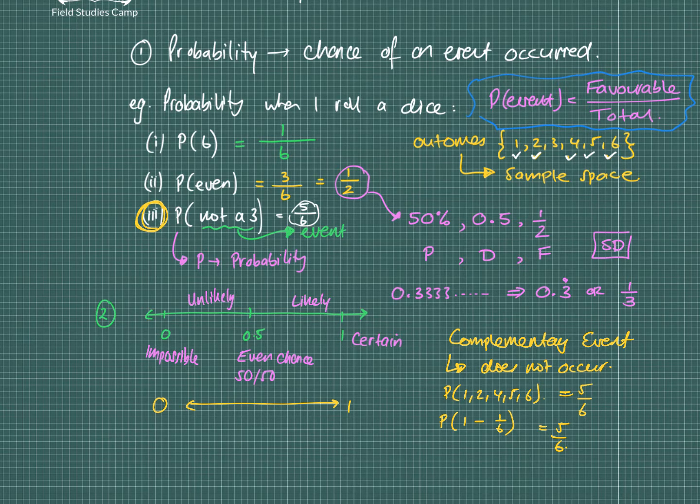So often we can call a complementary event 1 minus. Sometimes we like to write P dash like that, and that's 1 minus the probability of my event occurring. Basically, if we know what that event is, we take it away from one whole, then we get the rest of it left over, and that can be useful.